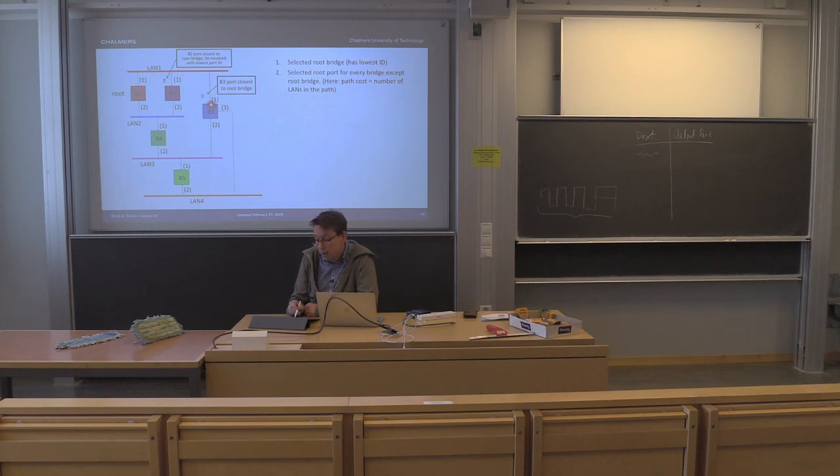We pick this as the root port. And we can continue to do this for all the bridges. So this is B4's root port, and this is B5's root port. Now we have selected the root, and we have selected root ports for all the bridges except for the root bridge. Any questions so far?